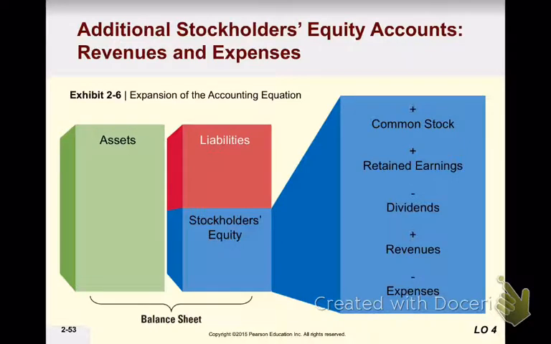This is our balance sheet right here, so we have assets equals liabilities plus owner's equity. On this end, we have our common stock, our retained earnings, dividends, and revenues and expenses, which are on our income statement. Notice how all of that relates to our stockholders' equity area.